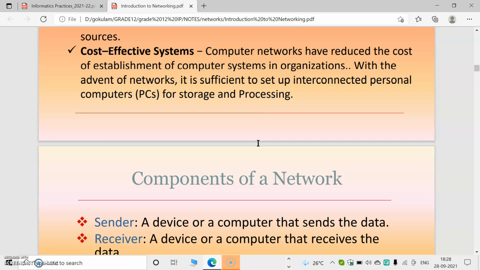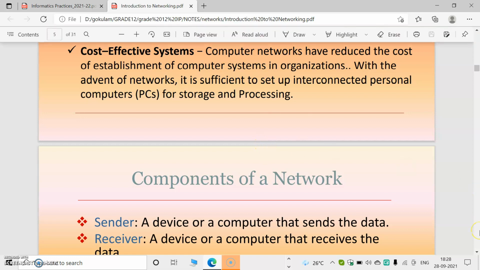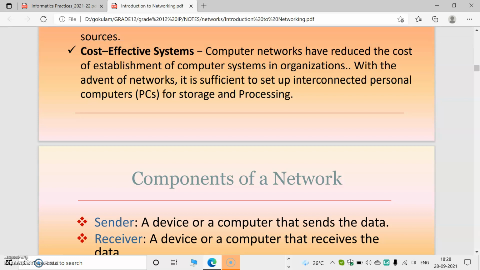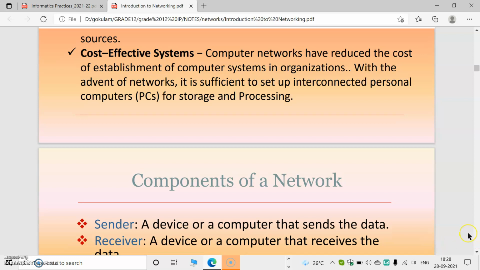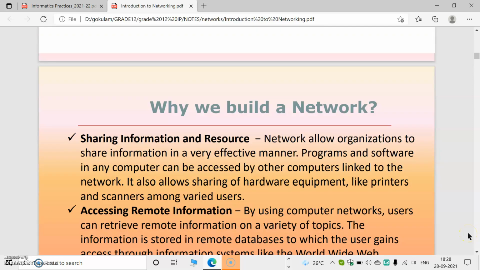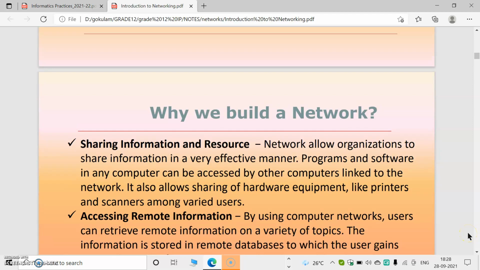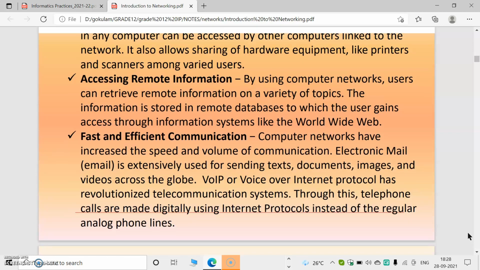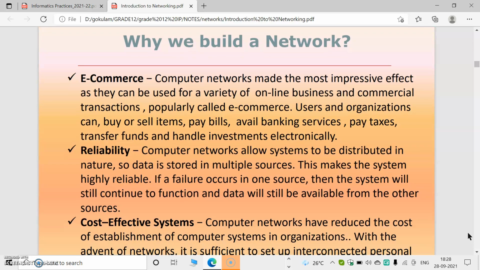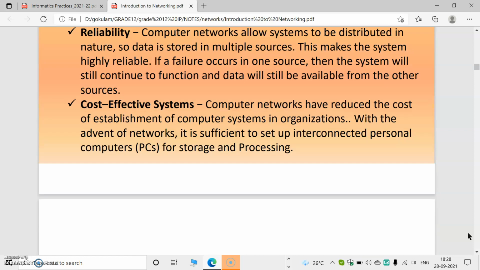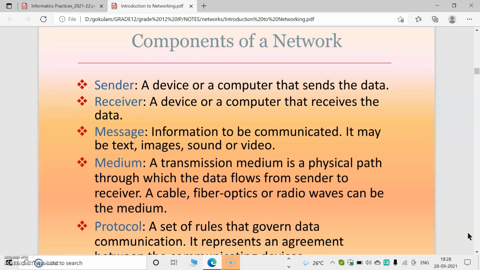So this is a cost effective system. By using interconnected personal computers and networks, we can reduce the cost. We can use the same resource again and again. So these are the needs of a network: first, sharing information, accessing remote information, fast and efficient communication, e-commerce, reliability, cost effective system.